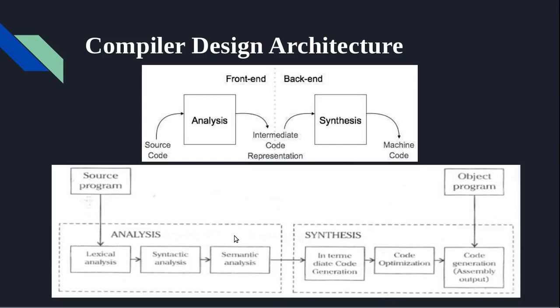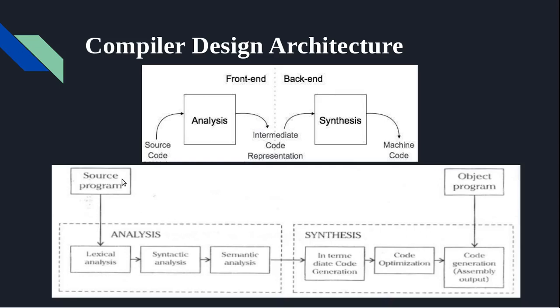Now you can see the second diagram. Here I have included the phases which are part of the analysis as well as the synthesis stage. The phases which are included in the analysis phase are lexical analysis, syntax analysis and semantic analysis. Whereas intermediate code generation, code optimization and code generation are part of synthesis stage.